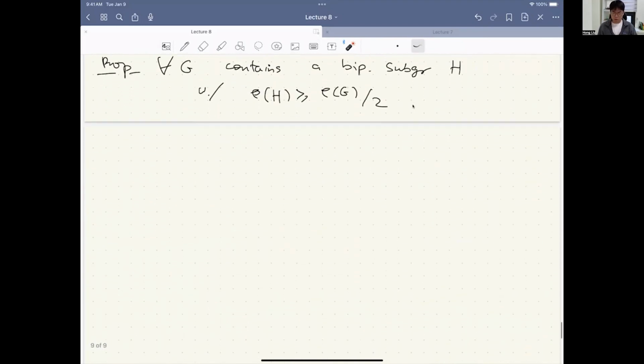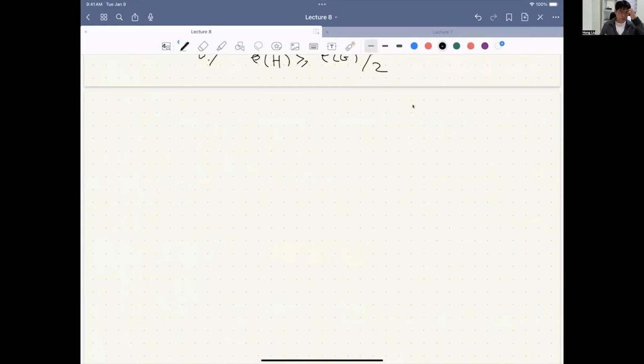Okay? The nice idea, which already appeared in Bondy and Simonovits's paper in the 80s, is to use the so-called theta graph. So what is the definition of a theta graph?